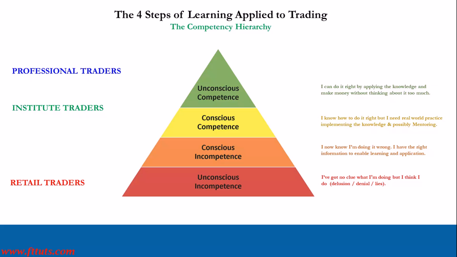So, for example, becoming a chef, becoming a plumber, an electrician, even becoming an entrepreneur, and even becoming a trader. Okay. So we have 4 levels to the competency hierarchy: unconscious incompetence, conscious incompetence, conscious competence, and unconscious competence. So in the 4 areas, we split up into 2 big areas. We have incompetence and we have competence.